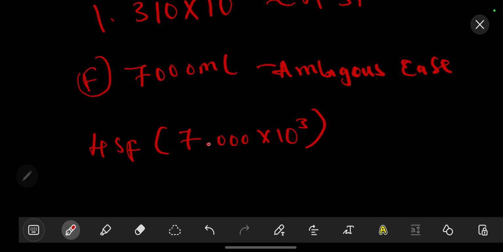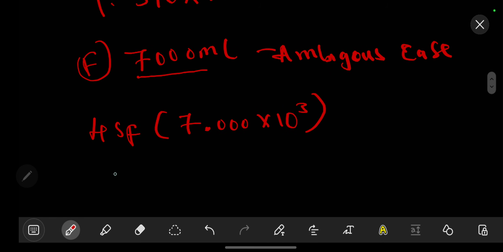If you multiply 7.000 times 10 to the power 3, you will have your 7,000. So if you say 7.000 times 10 to the power 3, that becomes 4 significant figures. You can tell that it's true because, as long as there is a non-zero number here, we count all the numbers that are here. Another person may just say that they want to write 2 zeros, and in that way it will be 2 significant figures.